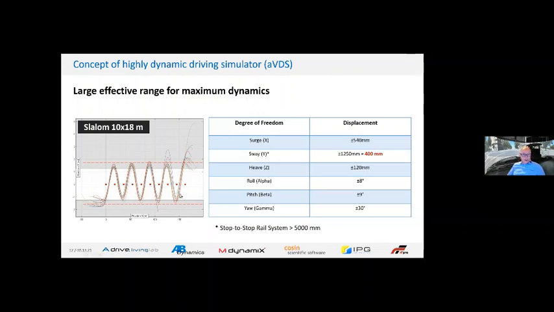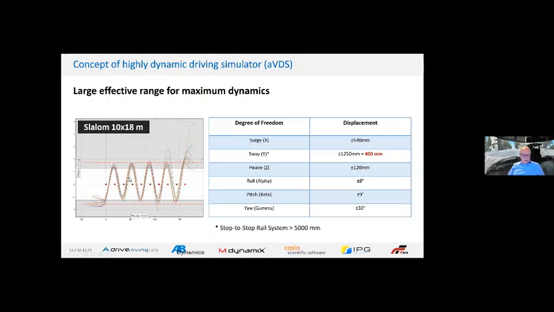What you see is an ISO slalom. We saw in the presentation before certain driving maneuvers, and one of those was also the slalom. What you see is that the motion room is adaptable, so we can move the platform within a slalom completely. We don't need certain cueing, maybe to give a G response or something else.